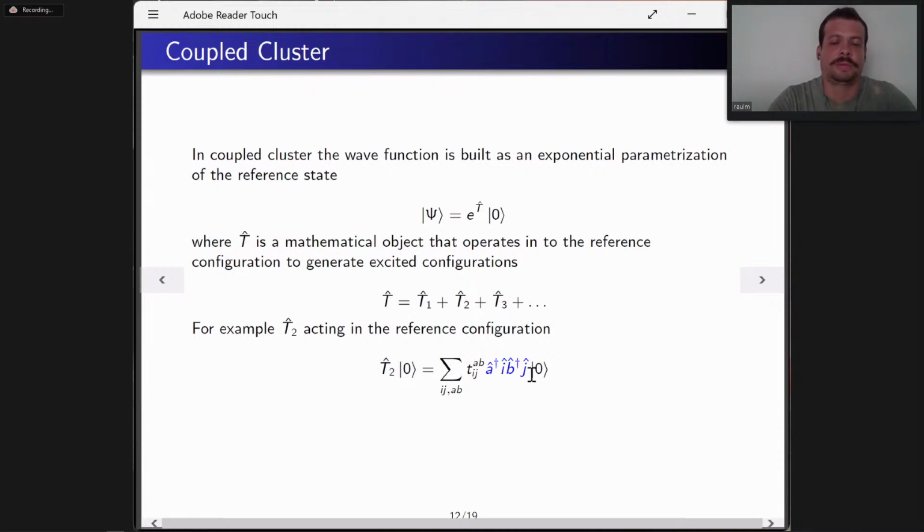Remember that we have a pair of creation and annihilation operators, so we are performing two jumps. But we also have something different with respect to CI, which is the amplitudes. So for one given jump, we will have an amplitude.